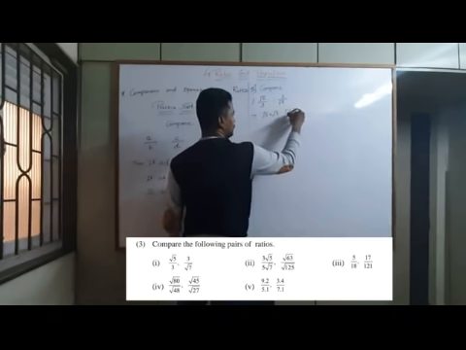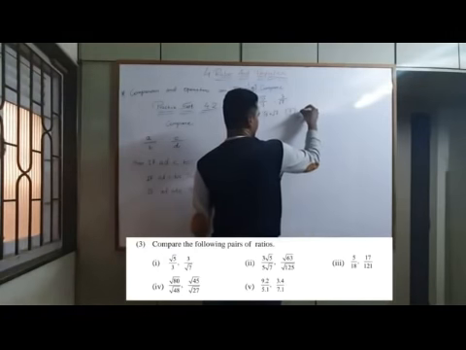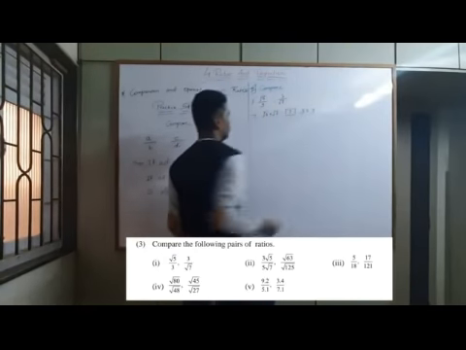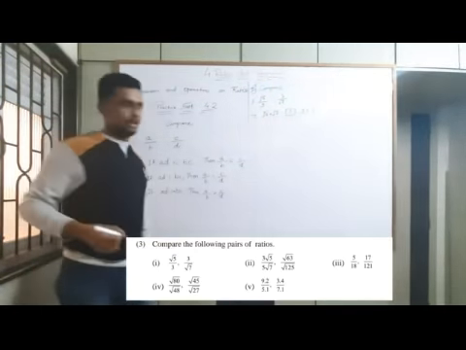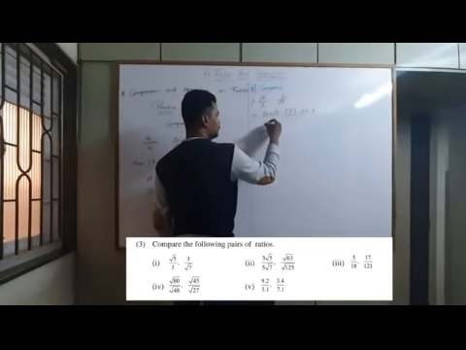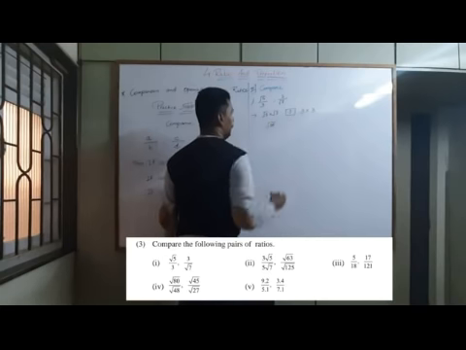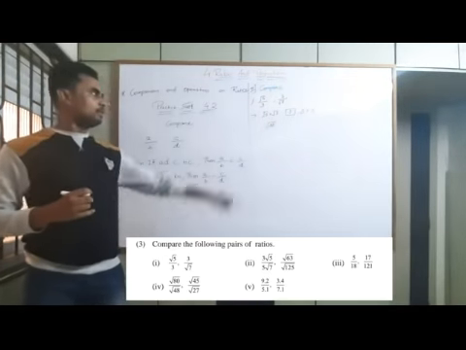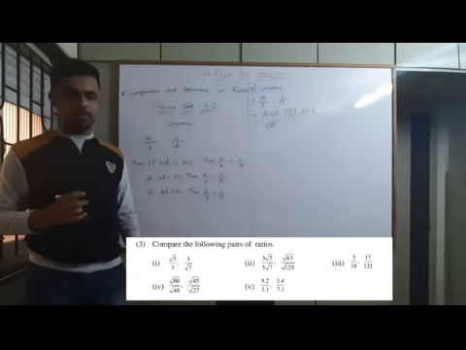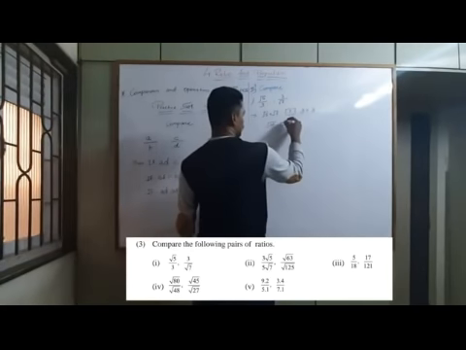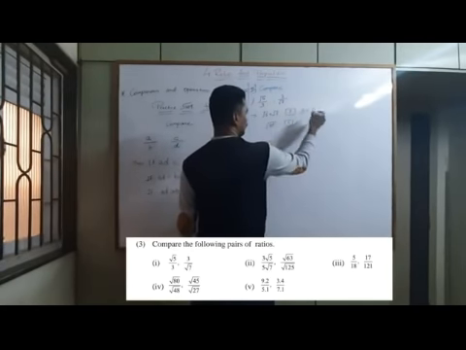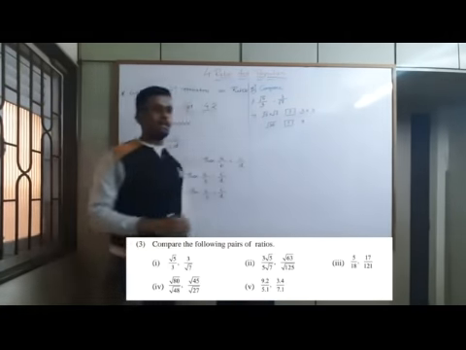We don't know what it is, so we'll write a question mark, and 3 multiplied by 3. Now you can see root 5 into root 7 is 35. Right? Here we don't have a question or anything, so we will have a question mark, and this will be 9.